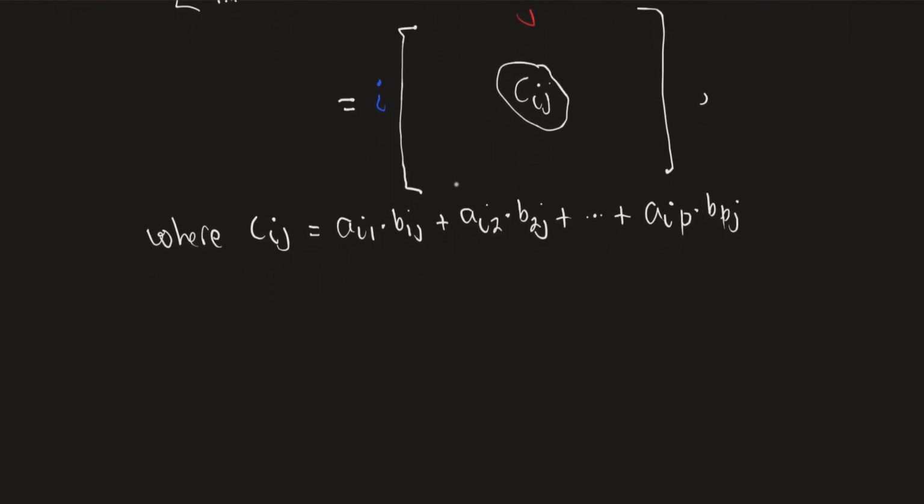So here is the definition of matrix multiplication. And then I will say something about this particular product, right?